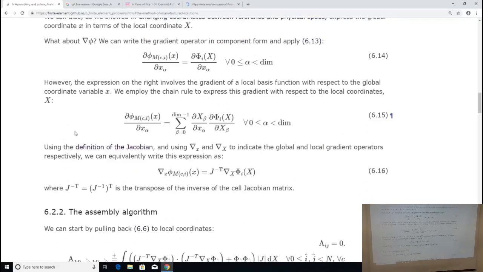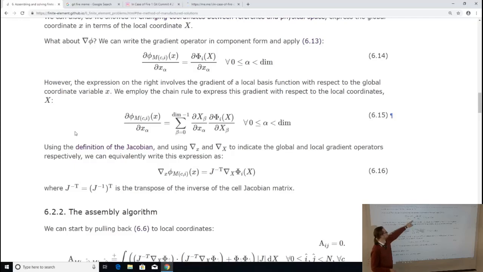So if I write out my, so that's what a gradient operator looks like, right? So I have a basis function, a global basis function, and it's one of the global basis functions on the current element. That's what it means when I subscript it with MCI. And I'm taking its derivative in physical space.